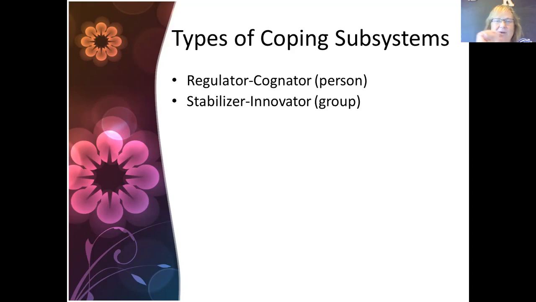So let's talk first about regulator-cognator. So the regulator subsystem uses physiological processes, and that's things like chemical, neurological, and endocrine responses, and that helps the human body to cope with changing environments.